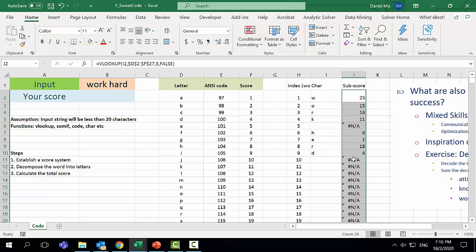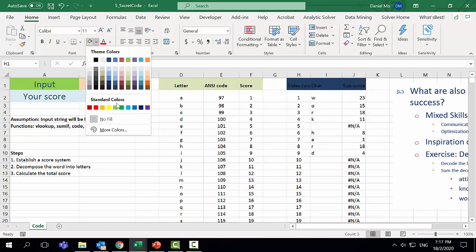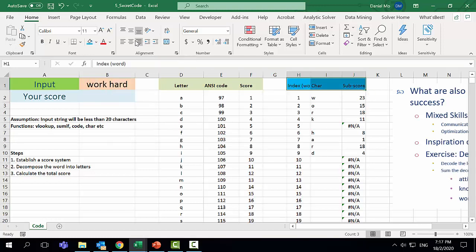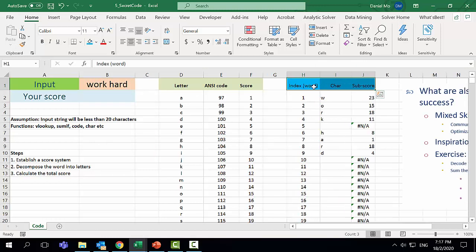Afterwards, we can get all of the indexes. You may wonder why there are some low values, because they do not appear in the score system. Now let's make the format look better first. Okay, then we have completed step 2.